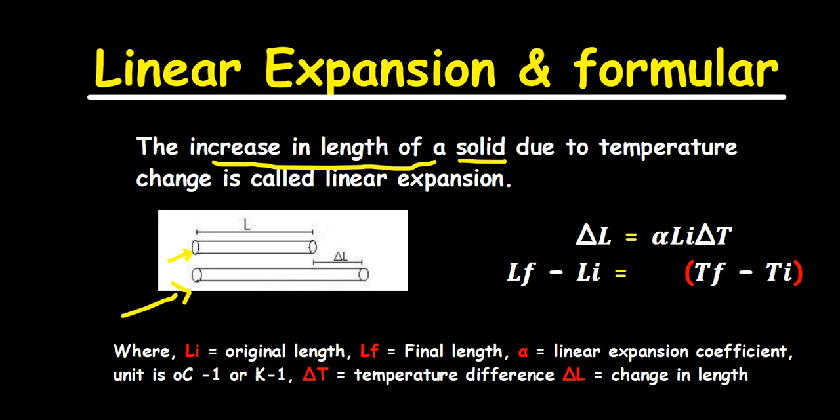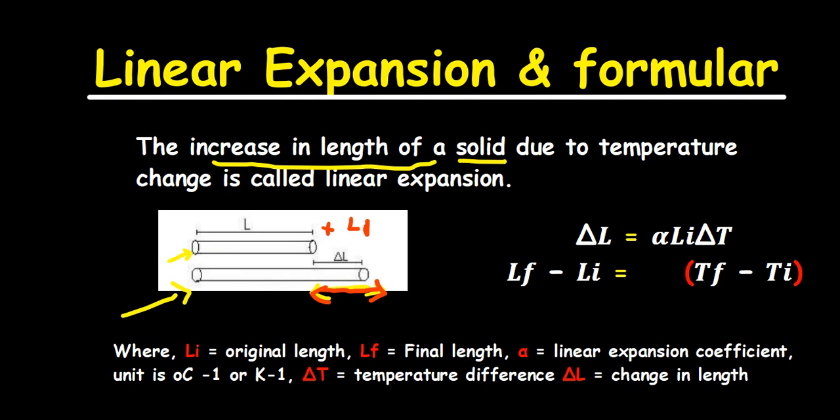This part here has expanded. It had this length L, and now we have plus another length, which has been caused by the change in temperature. The solid is just expanding due to exposure to a higher temperature.